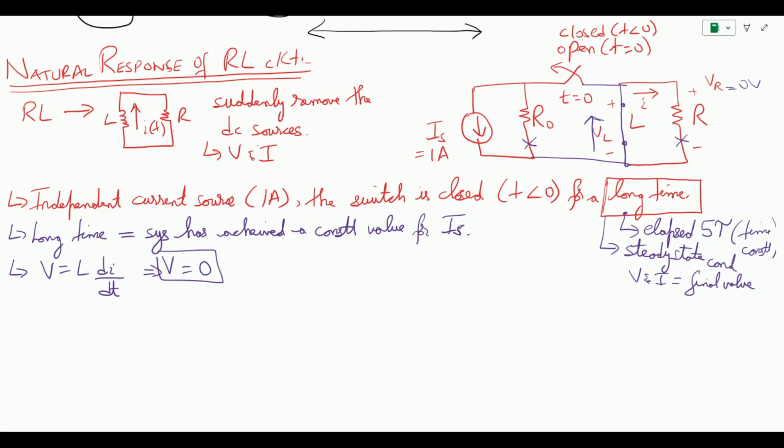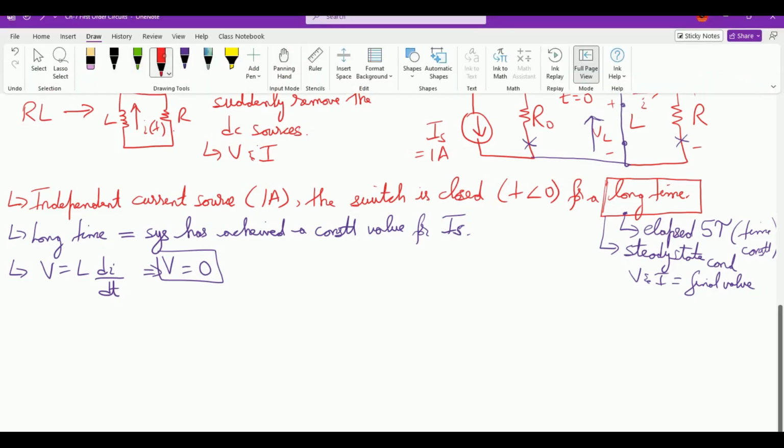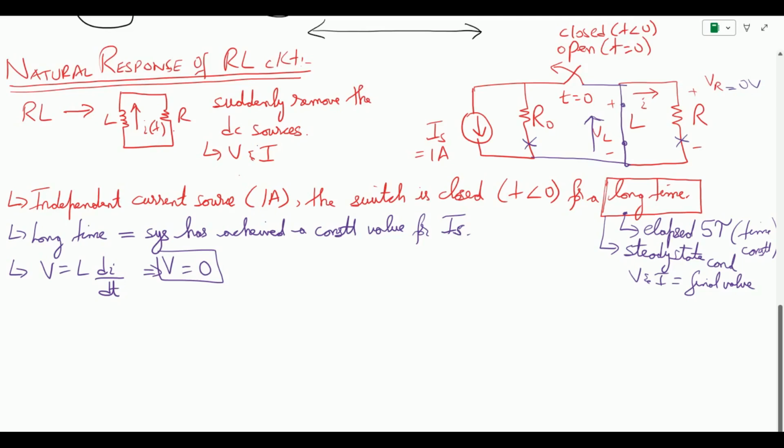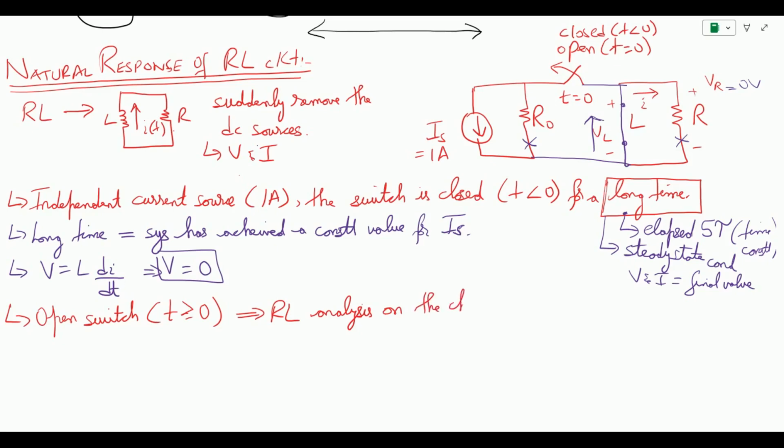Now let us move onward with our analysis and see what happens when the switch gets opened. So now we are opening the switch, which means our time has now reached the value of 0, and we say that it is equal to 0 or greater than 0. So now when the time becomes greater than 0, we can do the RL analysis on the circuit. And why do we say this?